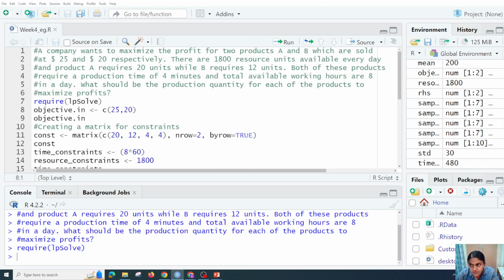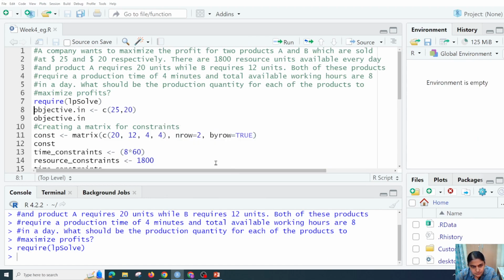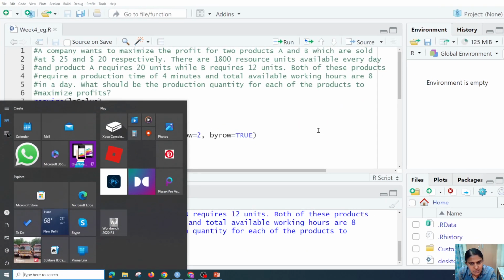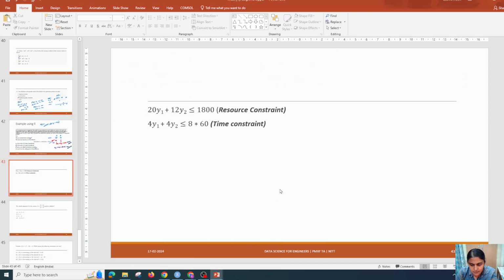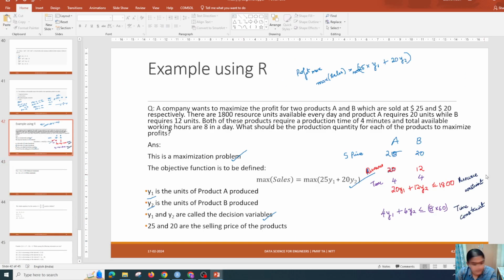You can see I have included the library lpSolve. The objective function I am defining as c of 25, 20, because the objective function was the maximization of 25 Y1 plus 20 Y2.